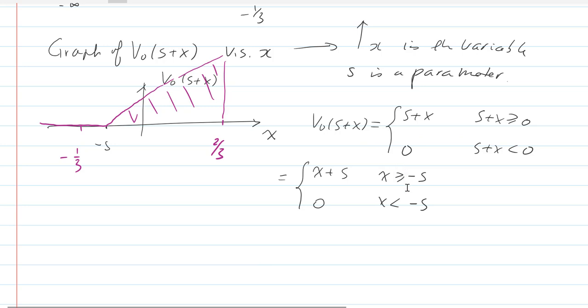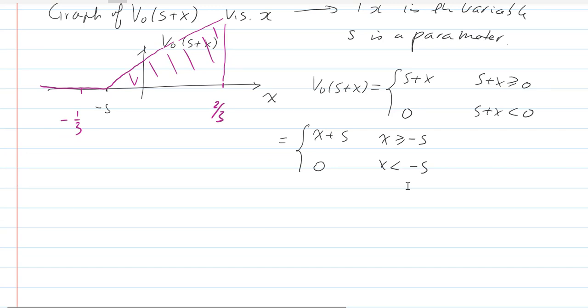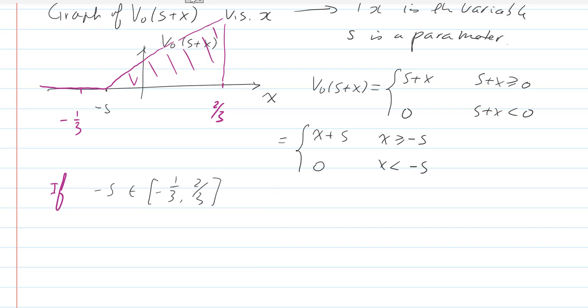So really we have 3 cases. This is just case 1. So why don't we just finish this case? So we say if we have negative s inside this interval, negative 1/3 and 2/3. What it means is that negative s is greater than negative 1/3 and negative s is less than 2/3.